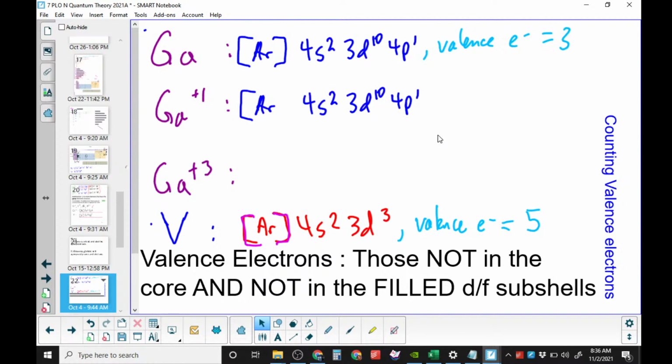How would we change that to make it gallium plus 1? Kaylee. You just take out the 4p1. You take away the latest electron.